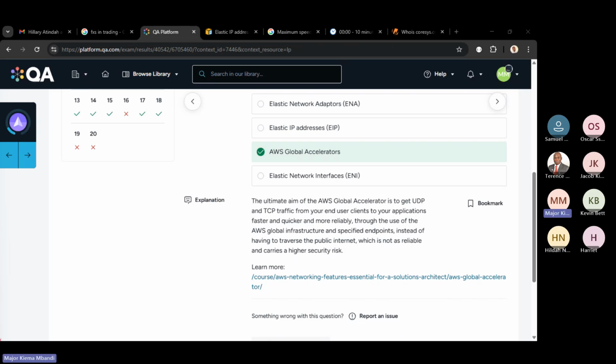They both use the AWS global network, but CloudFront uses it to send traffic to the nearest edge location for caching, while Global Accelerator does not cache anything. It just sends and serves me, that's all. There's no caching.